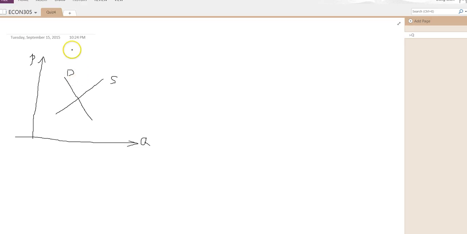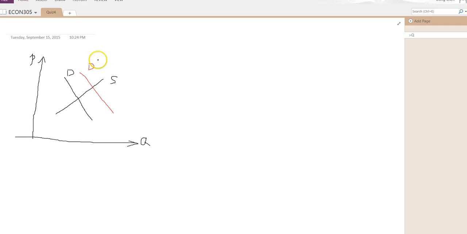Suppose we have a positive demand shock. By positive, I mean that for some reason people start to increase their demand for a certain product. In terms of this graph, this will move the demand curve to the right, so we will have a rightward shift of the demand curve.